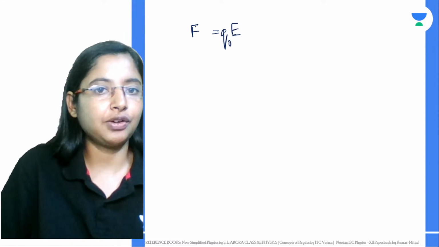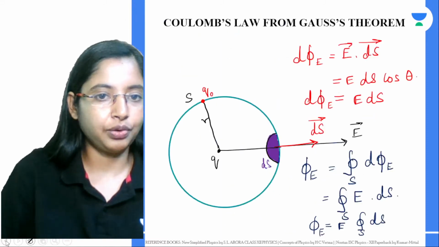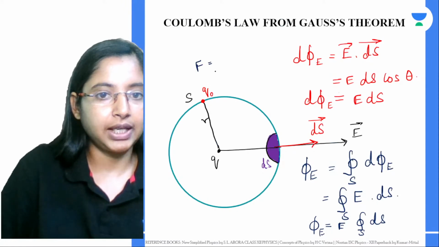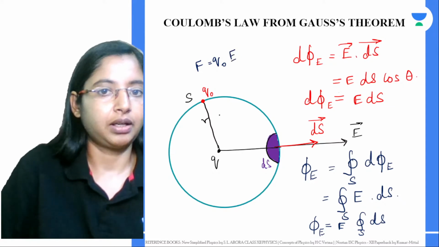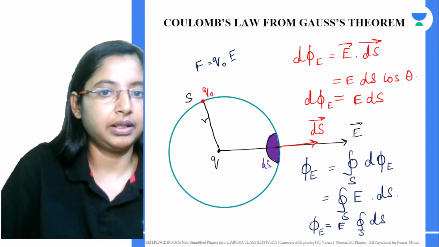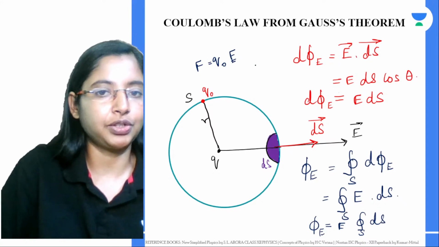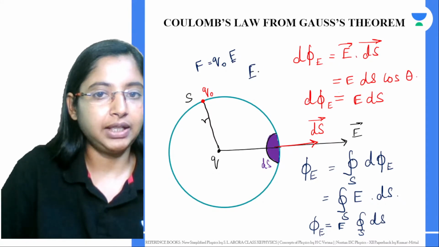What is the electric force experienced by this test charge because of the electric field lines of this source charge Q? We can use this equation because the electric field over here is given by force per test charge.